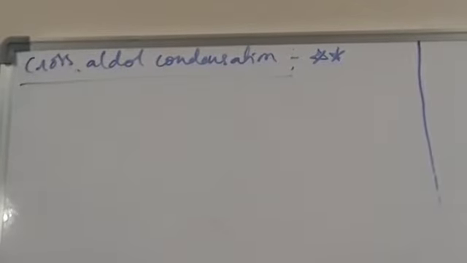Here we get 2-methyl pent-2-enol. Okay, this is the product.